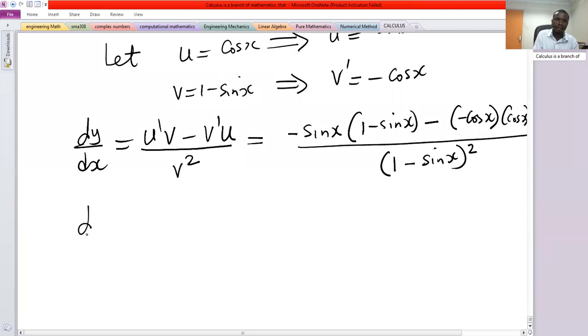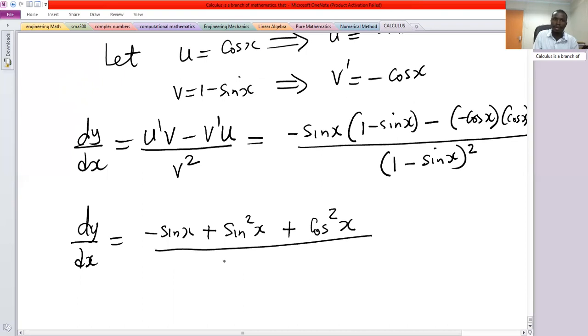Now let's simplify. So dy dx will be minus sine x, minus minus is plus, so sine squared x, minus minus is plus, cos times cos is cos squared x, divided by 1 minus sine x squared.